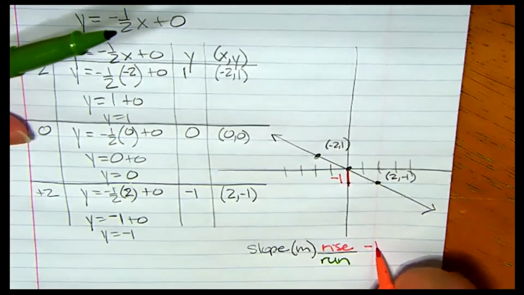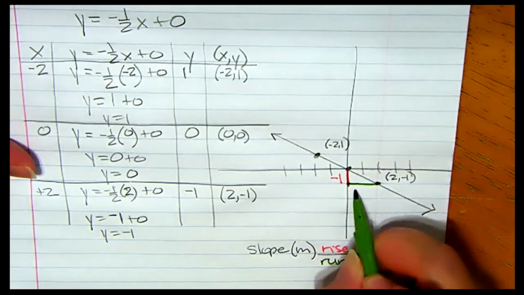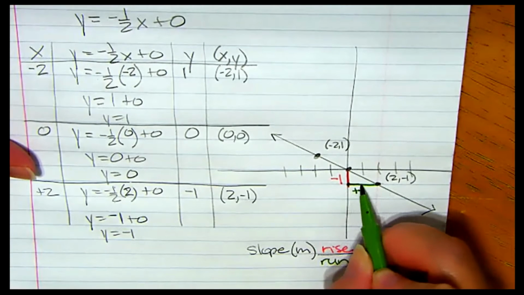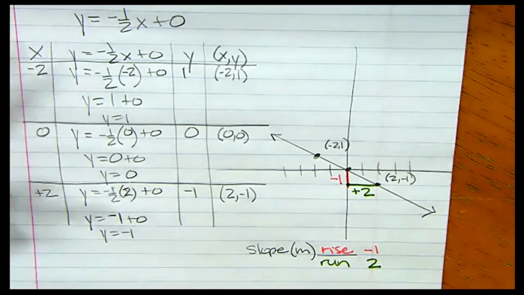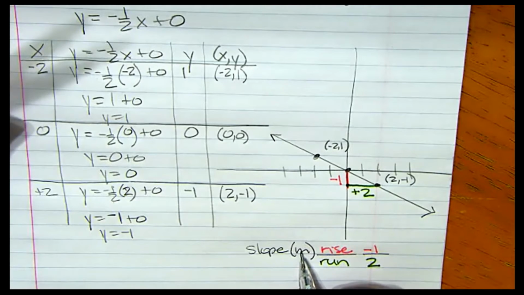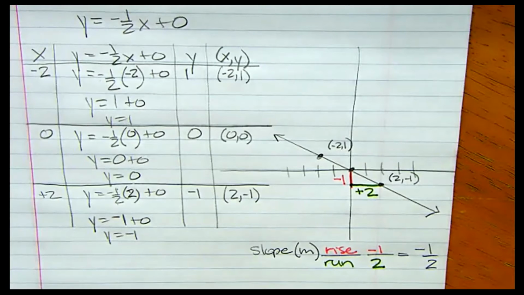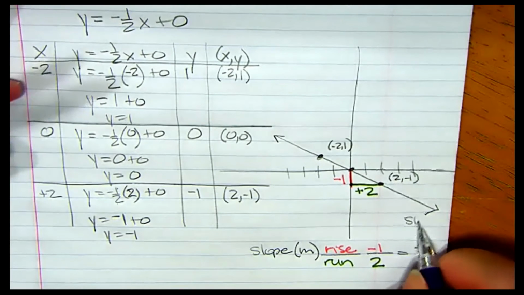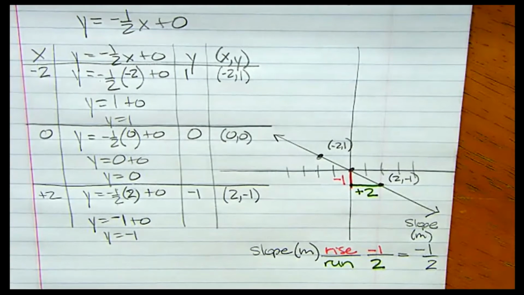My rise is negative 1, and my run is to the right, which is positive, 1, 2. So my run is positive 2. So my slope, which is m, is equal to negative 1/2.